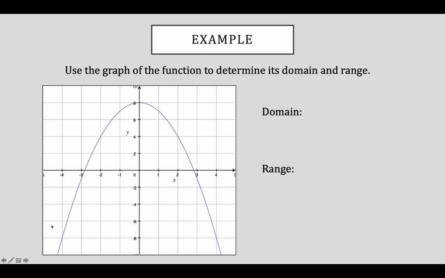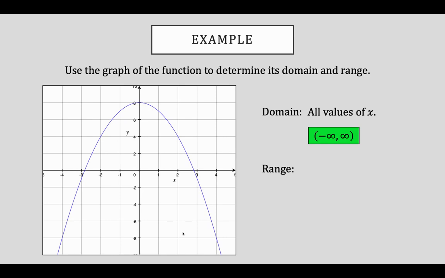We can travel along the curve through all values of x, and it continues to move to the right forever. Therefore, our domain is all values of x. There are no points on this graph where the function is undefined. In interval notation, we have parentheses negative infinity, comma positive infinity.